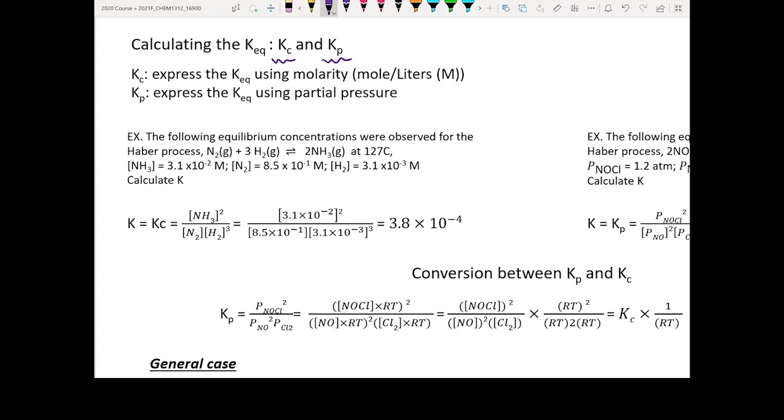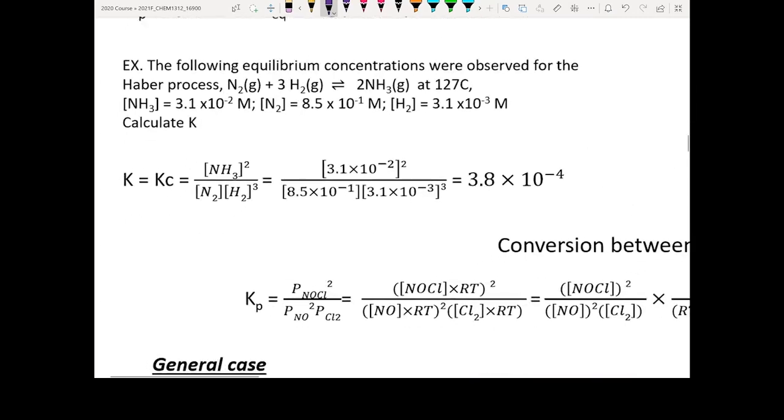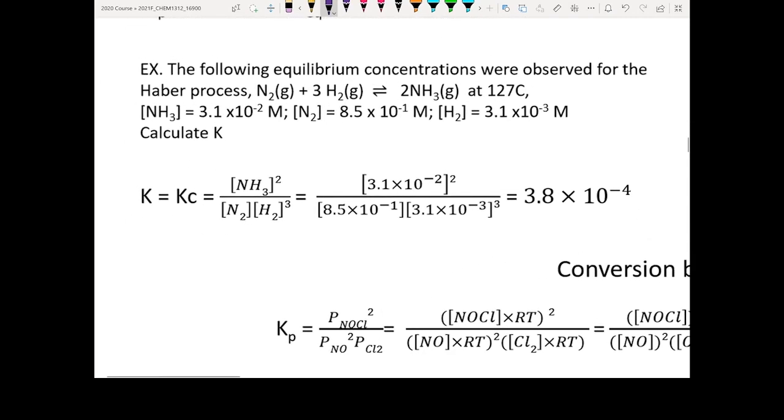I'll give you two examples so you can see things more clearly. For the following, equilibrium concentrations were observed for a process, these reactions at a certain temperature, where we know the concentration of each species. Calculate the K. The first thing when you see this chemical equation: make sure the equation is balanced.